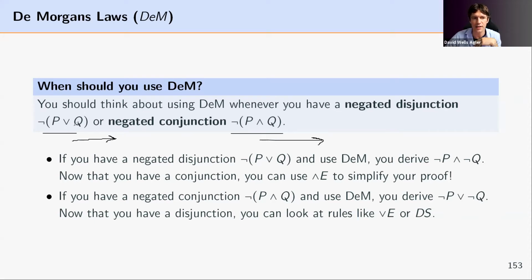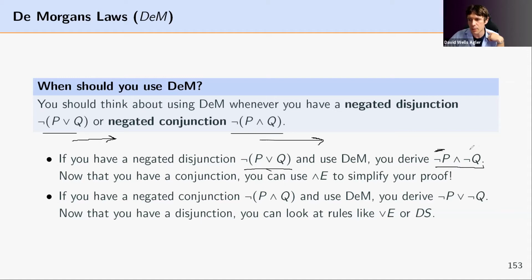That is, taking this negated formula and turning it into a conjunction or a disjunction. The reason for this is because once you've used DeMorgan's laws in that direction, it just becomes easier to use other rules. So if you use DeMorgan's laws on, let's say, not (P or Q), you would derive not P and not Q.